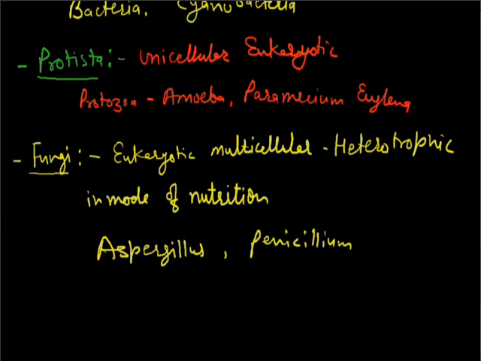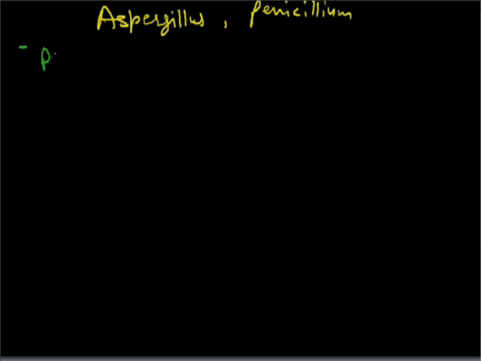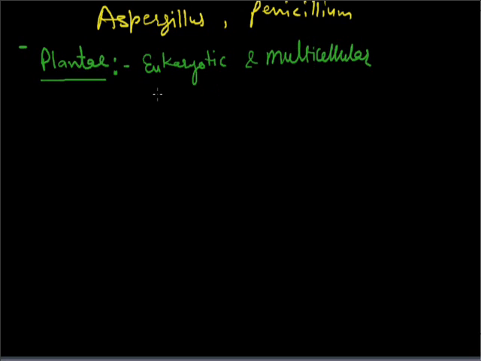Now, the fourth kingdom we call Plantae. This kingdom has only plants, which are eukaryotic and multicellular. They are autotrophic in mode of nutrition. They can synthesize their own food, so we call them autotrophs. This is the group of plants, having various types of plants.